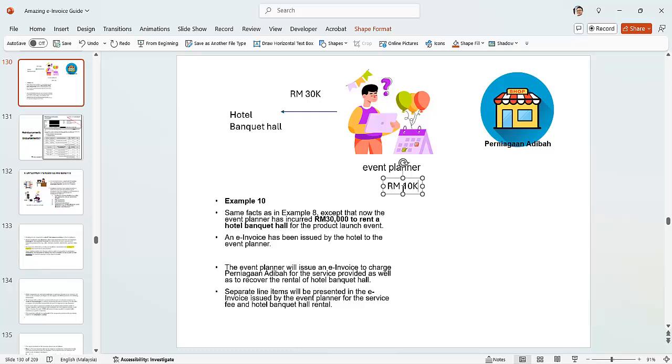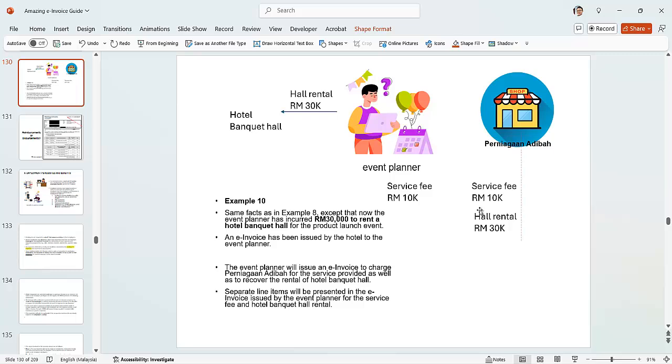Now he has to issue this, and also the hall rental, which was already paid in advance.